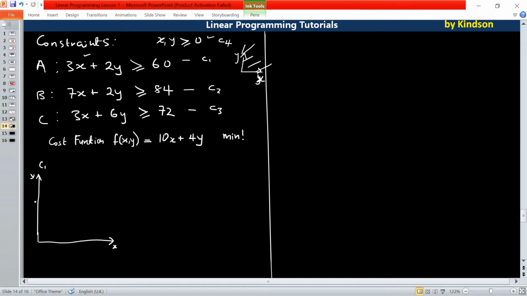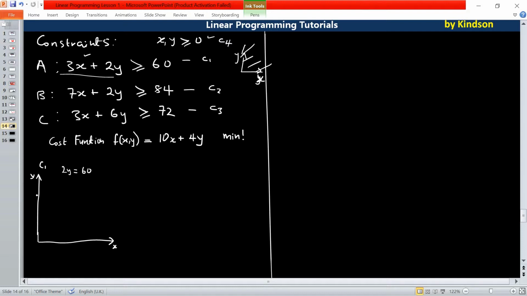So for this equation, if we set x to be 0, x disappears, so what we'll have is 2y is equal to 60, and then y is equal to 30. So the intercept on the y-axis is 30.